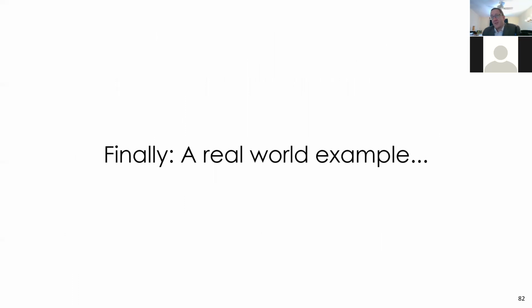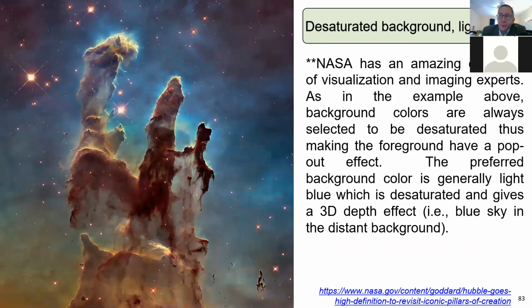If you want a real world example, this is actually what NASA is doing. I didn't know this, so I always found it fascinating. They actually Photoshop all their images. I thought they were just raw natural images. No, they're Photoshopping them. They take something from the Hubble telescope, change the background, and change a little bit of the colors of the foreground, because quite frankly, you're not actually seeing this in the real world anyway.